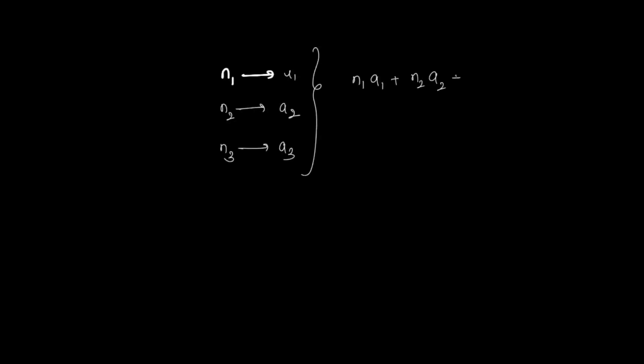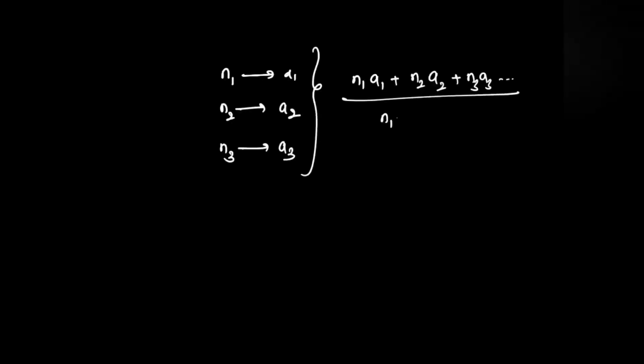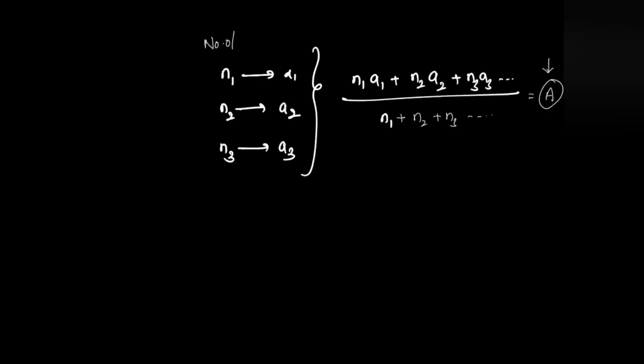If I go on, then it is n3 a3, and it goes on, divided by the number of observations, which is n1 plus n2 plus n3 and so on, equals capital A. Capital A means the combined average. Here n1, n2, n3 are the numbers of observations of the particular groups, and a1, a2, a3 are the averages of those groups.